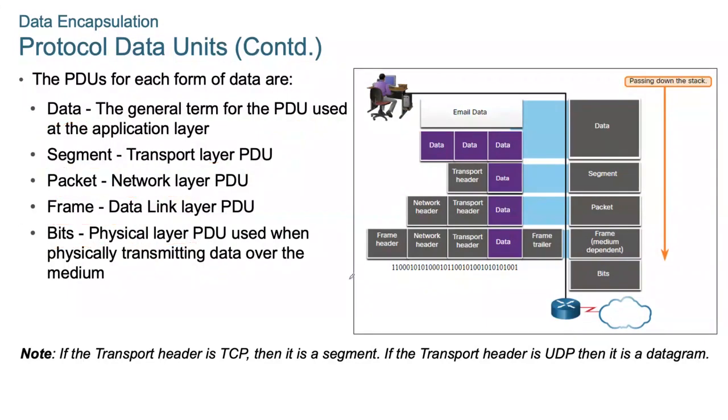If you hear the term bits in the network, it belongs to your physical layer. If you hear packets, it belongs to the network layer. If you hear data, it means application layer data unit. If you hear frame, that means it is the physical layer. Sorry, it's the data link layer.